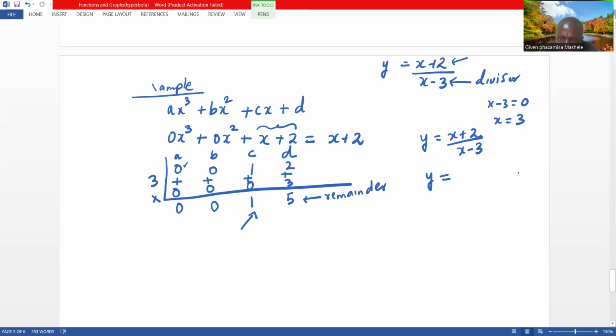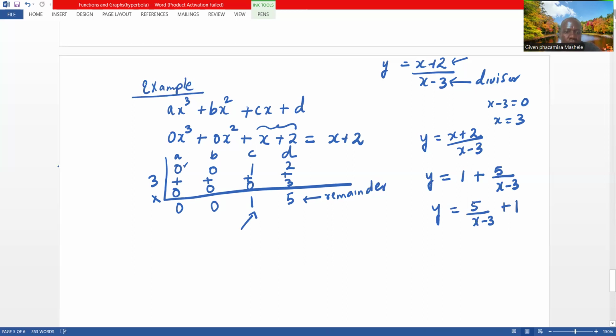The remainder is 5 over x minus 3. So which means now the equation is 5 over x minus 3 plus 1. That is another example that one can look at.